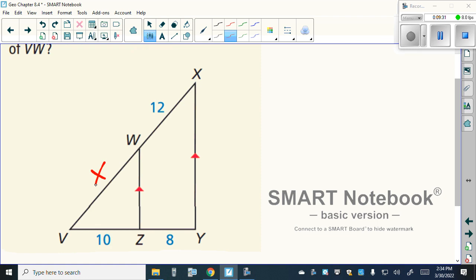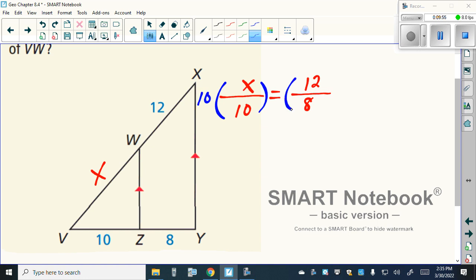Wanting to find the length of VW. So how can we set this up? X over 10 equals 12 over 8. Or we could say x over 12 equals 10 over 8. Now what do we do next?